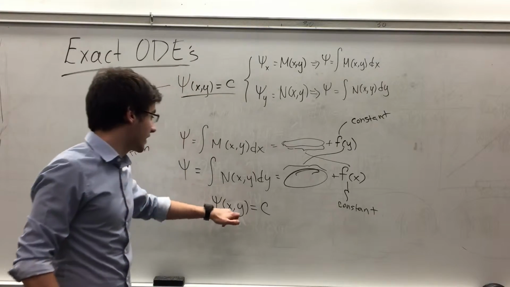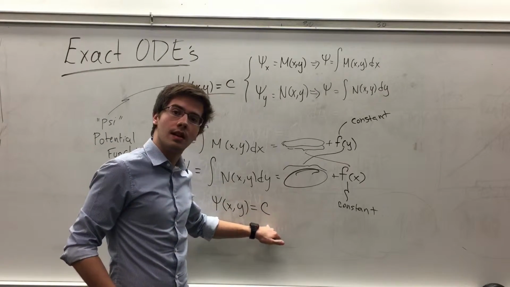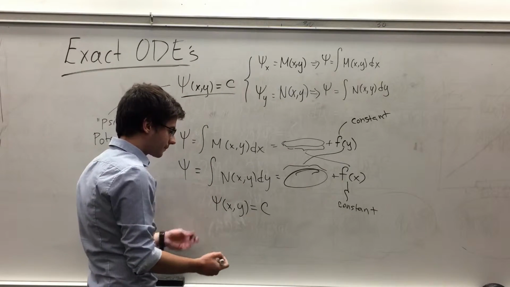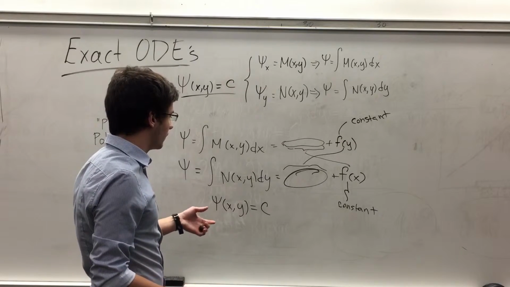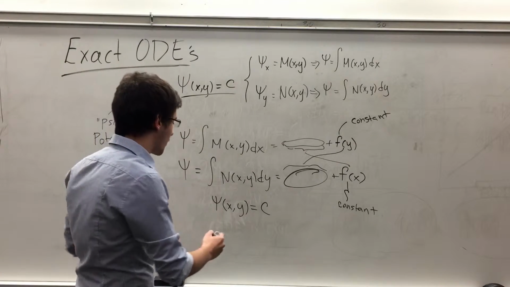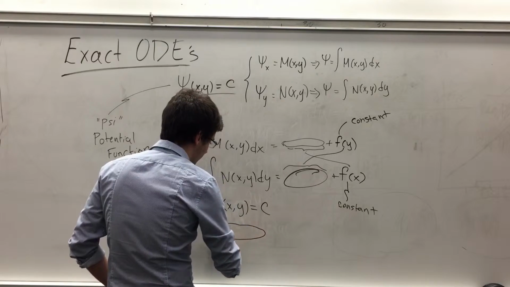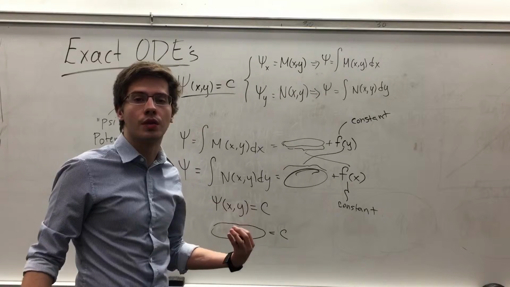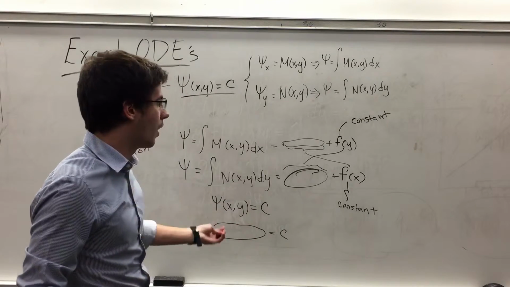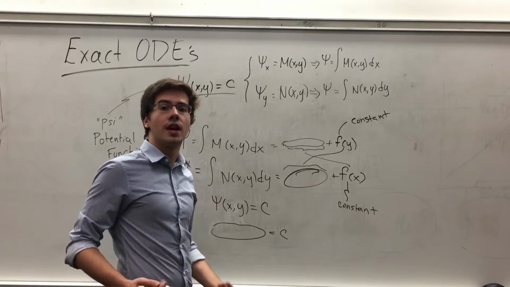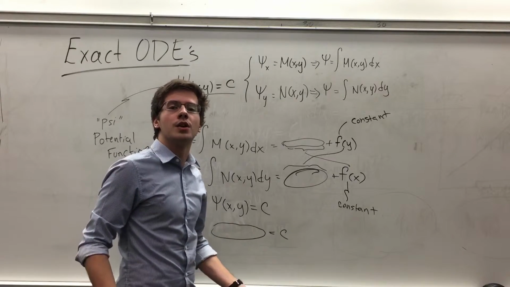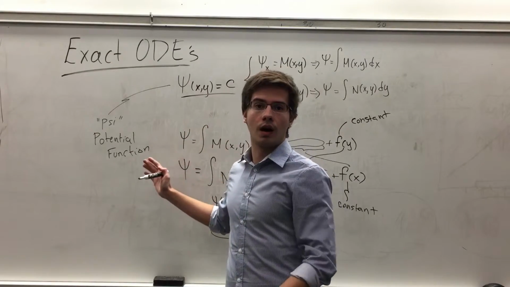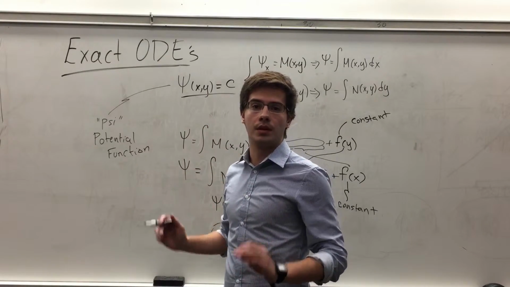So when we say that the potential function is equal to a constant, then we're basically done solving the ODE because we're going to have an expression equal to a constant, and that's going to be the implicit solution of the ODE. And then if you want, you just solve for y to get the explicit solution of the ODE. So very abstract for now, but let's do a couple of examples so that it's going to become clear.